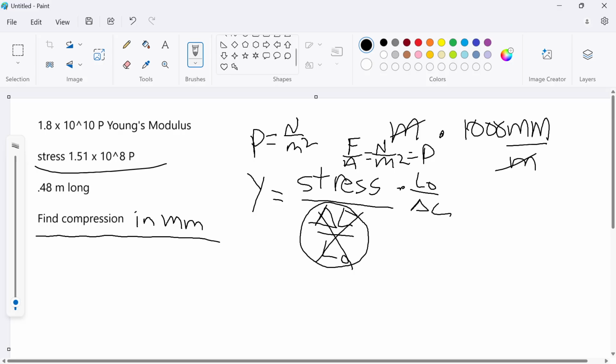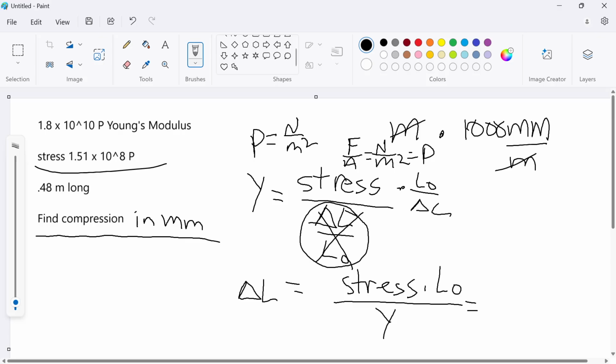Then I can multiply both sides by delta L and divide both sides by Y, and I get delta L, the compression, equals stress times the initial length divided by Young's modulus.